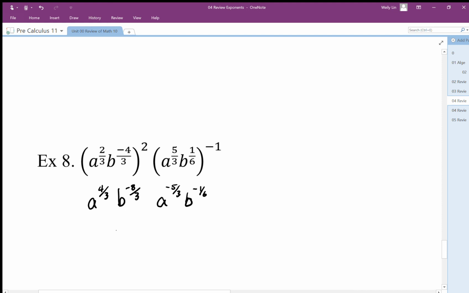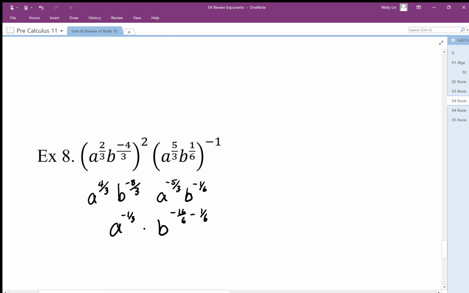Really I have an extra 1/3 divide. Here when I put these together, I need a common denominator, so this becomes -16 thirds minus, so -16 over 6 minus 1 over 6.